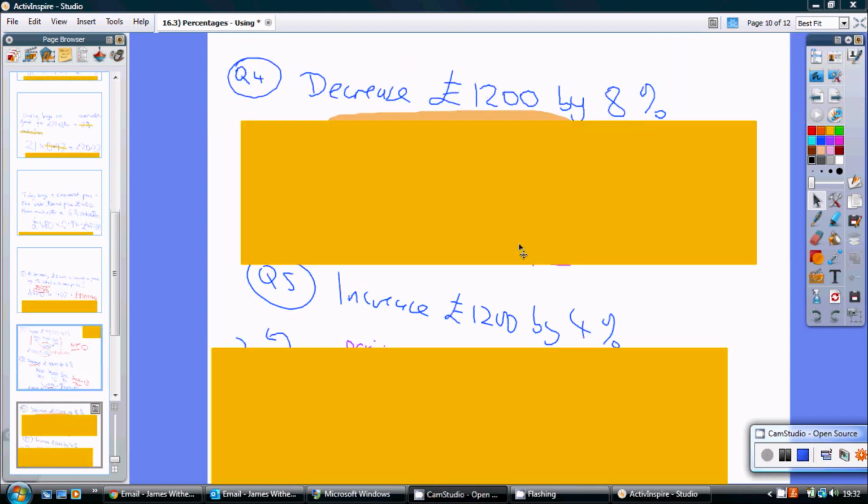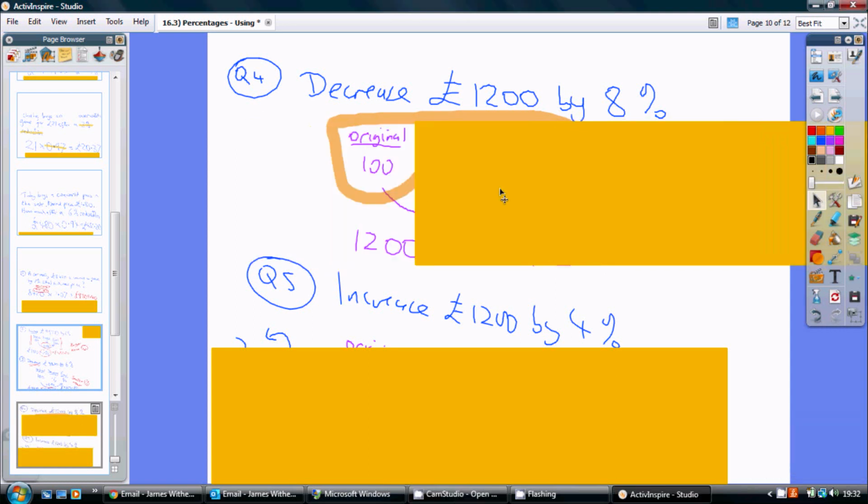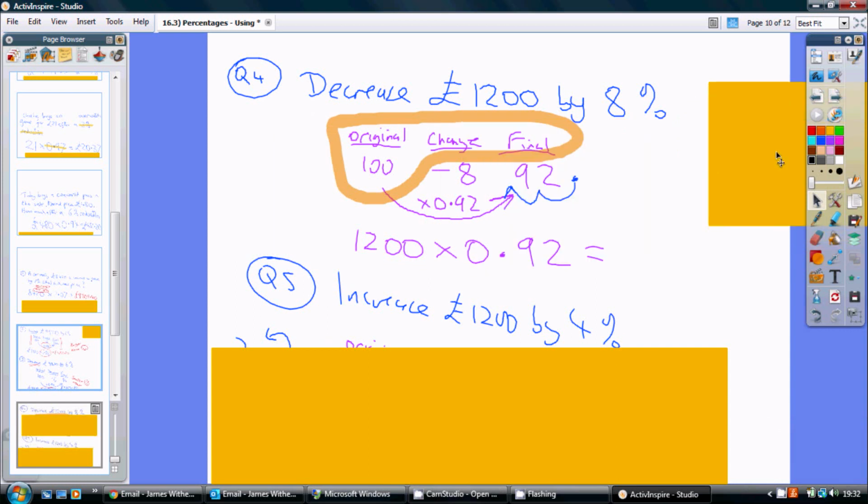Here's two more, so have a go. So we're decreasing by 8%, so it's 100 take away 8, which is 92, so multiplier of 0.92. So 1,200 multiplied by 0.92. Sorry, I didn't work out what that was. So whatever that is, that's your final answer.